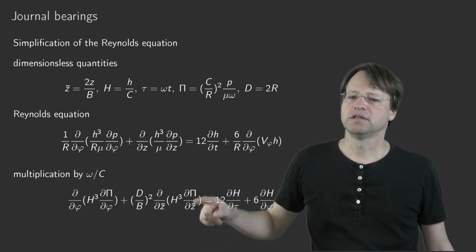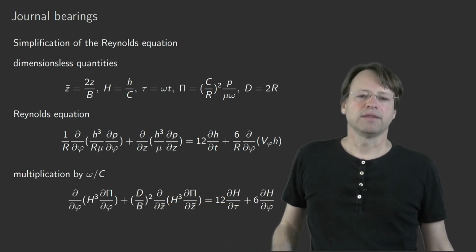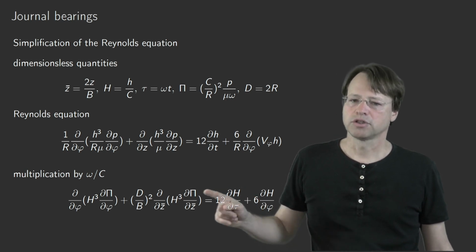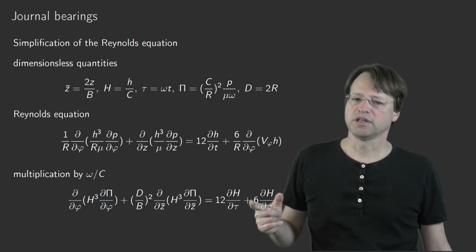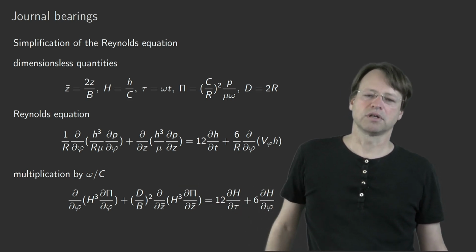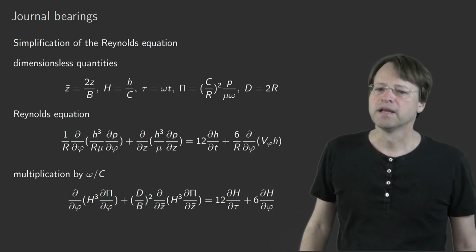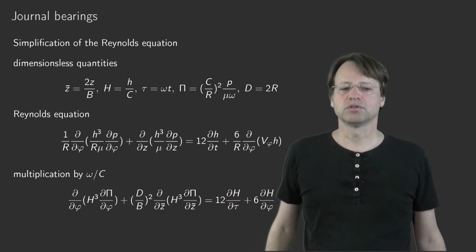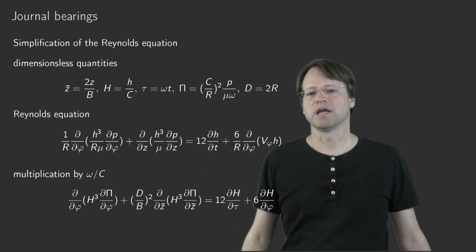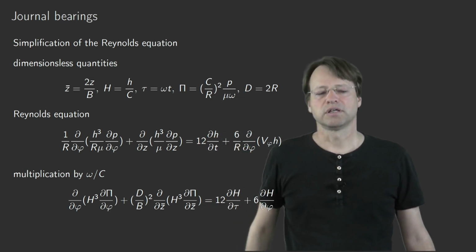And then the solution is easy to obtain, because it's just the second order derivative: integrating twice the right-hand side plus, of course, the factors included here, and you have the solution for the dimensionless pressure. And from the dimensionless pressure, of course, you are able to compute the dimensional pressure.